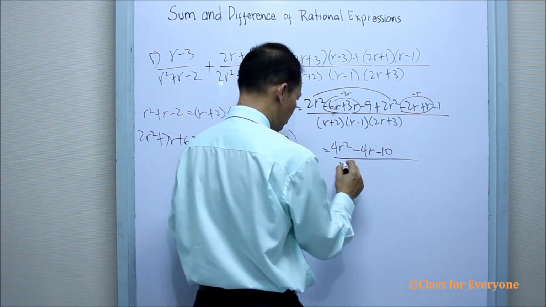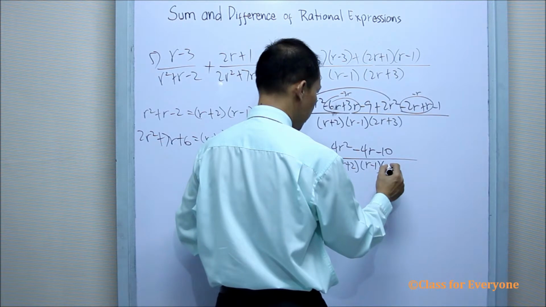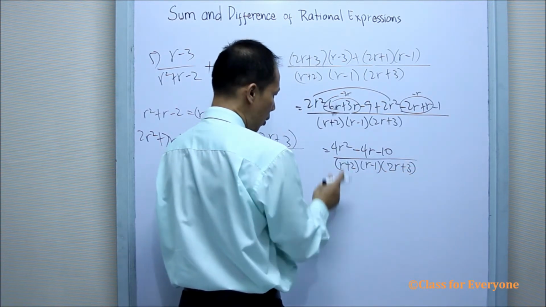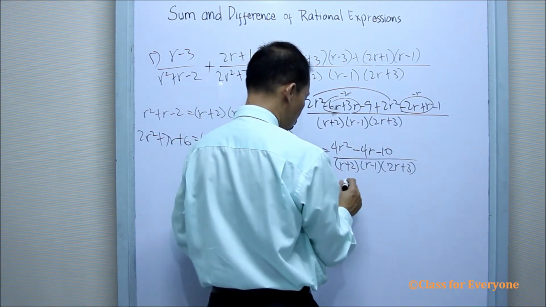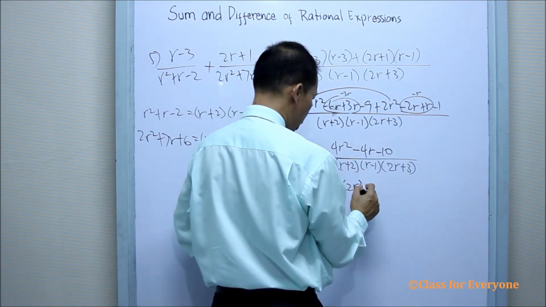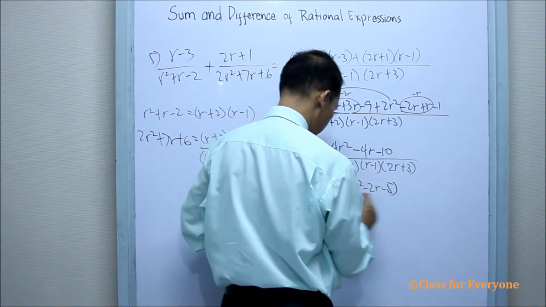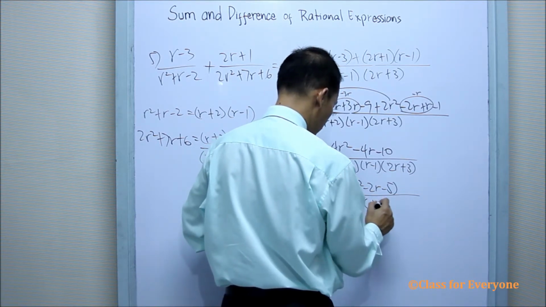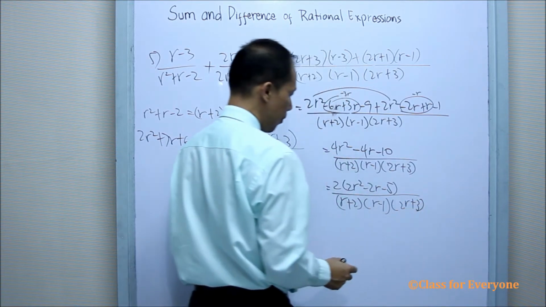All over (r + 2)(r − 1)(2r + 3). Now, there's a common factor of 2, so we can divide out 2: (2r² − 2r − 5) all over (r + 2)(r − 1)(2r + 3).